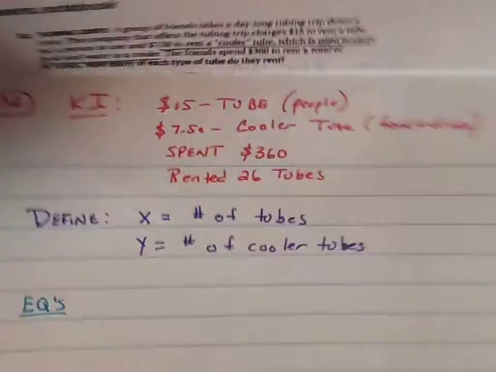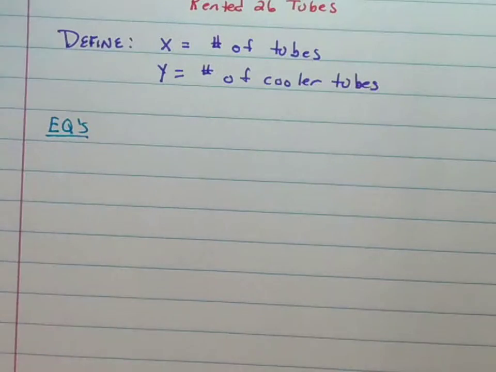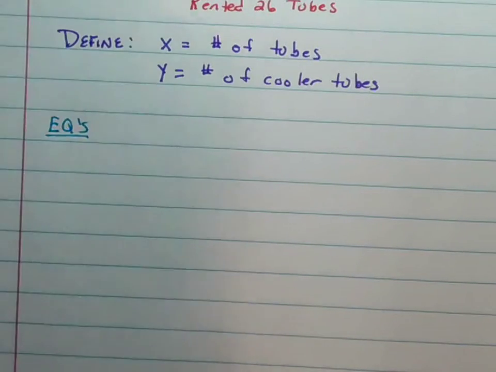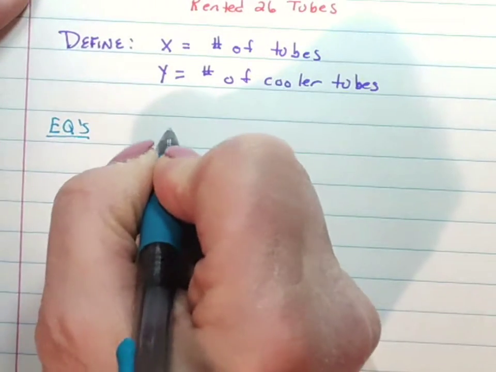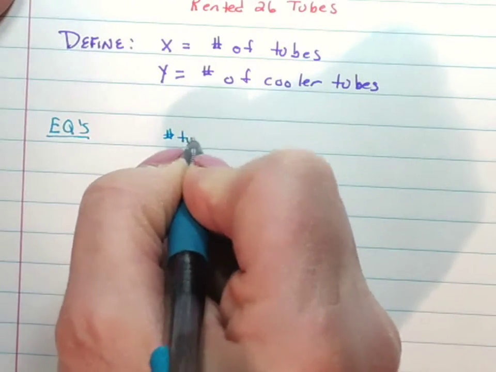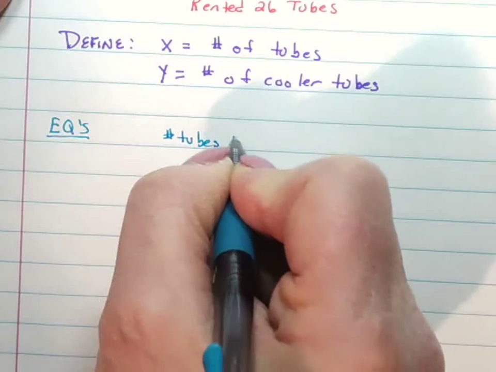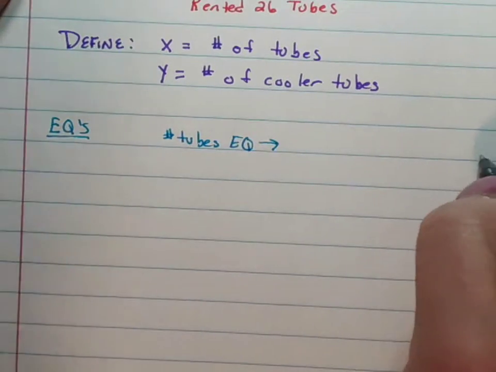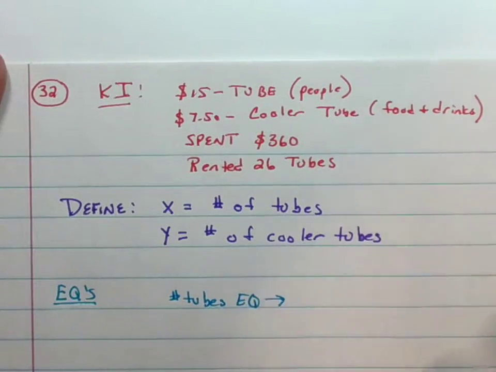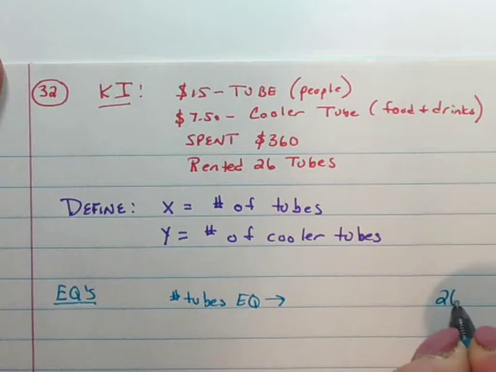Now in this case, the key pieces of information that they gave you is you're going to have two types of equations. One is the number of tubes equation, because they told you that you had 26 tubes.